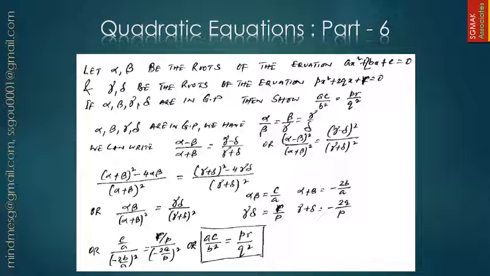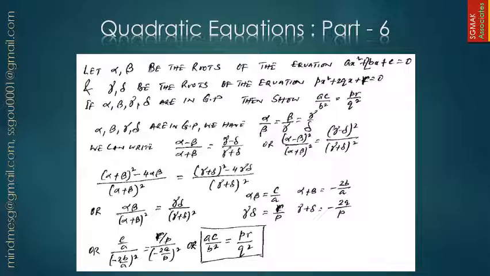So you have alpha over beta equals gamma over delta. Correspondingly, if you take consecutive terms, the ratio stays the same. So you get alpha minus beta divided by alpha plus beta is gamma minus delta divided by gamma plus delta. We can manipulate that algebraically.